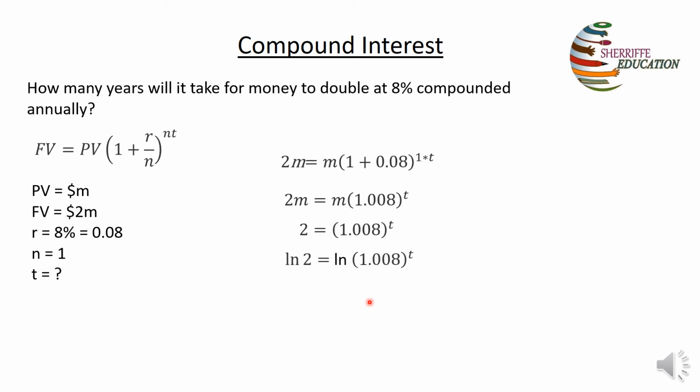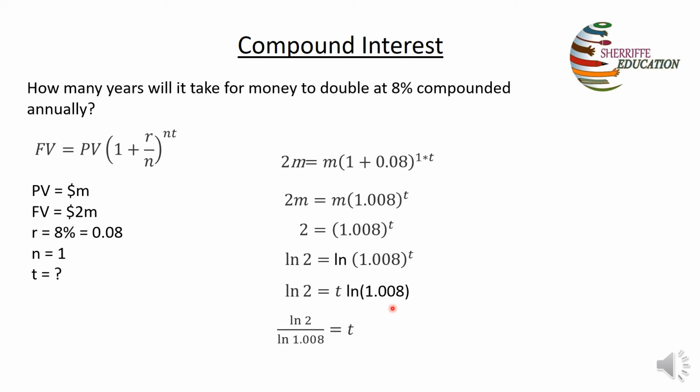So ln 2 is equal to ln 1.008 raised to the T. Now applying the property I mentioned earlier, we can write this as ln 2 is equal to T times ln 1.008. I hope you guys remember that property. So now we can say that ln 2 divided by ln 1.008 will be equal to T.